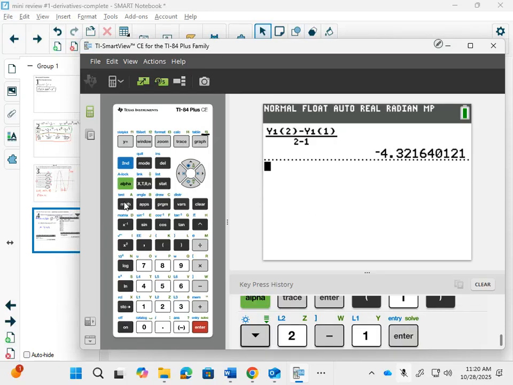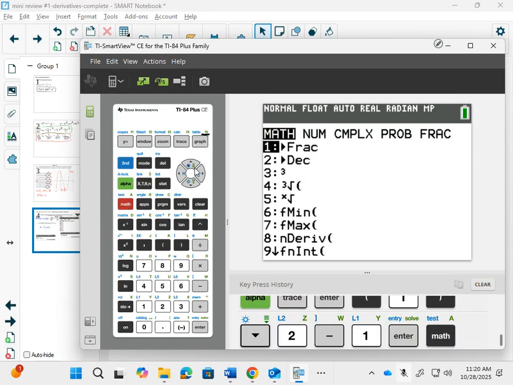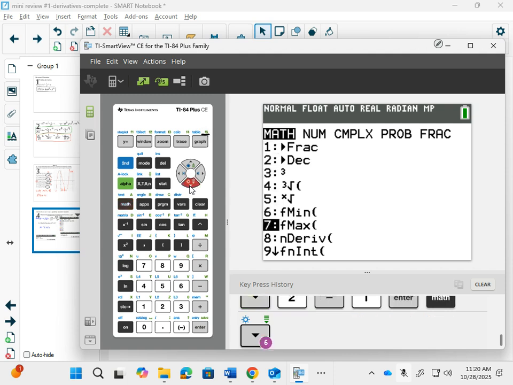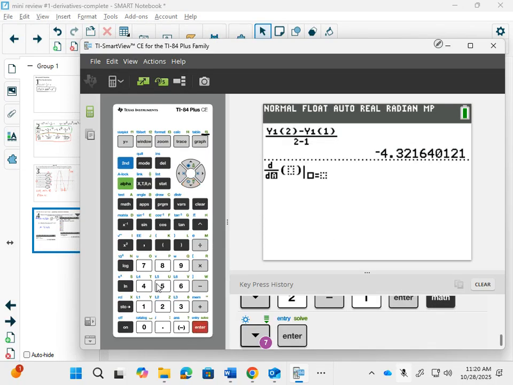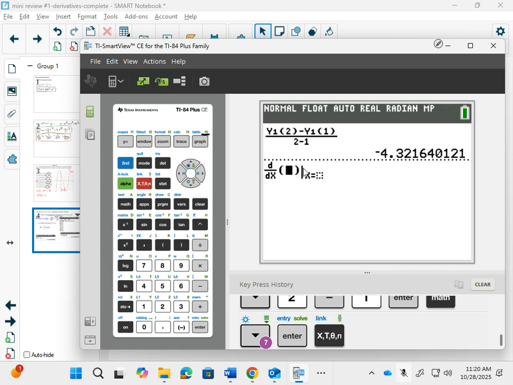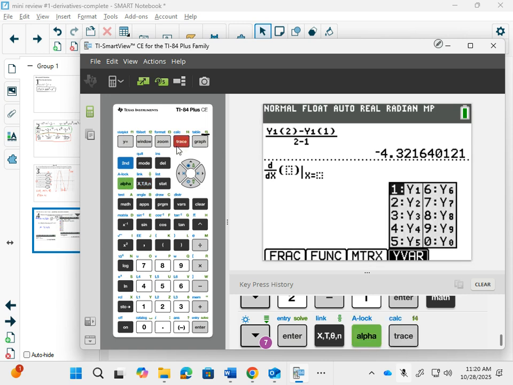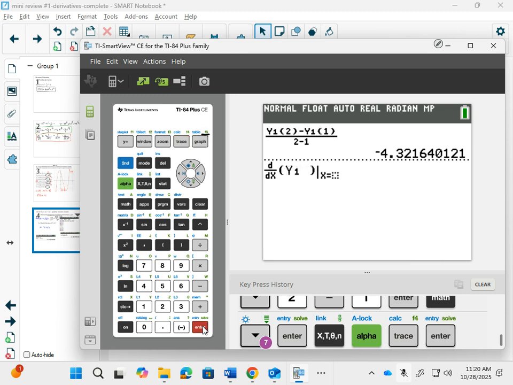If you hit the math button, we've got a derivative button right here. And if I push on that derivative button, it says, what variable are you using? We're using x. What equation? Well, instead of retyping in the equation, we've got the equation stored as y1. I can put y1 into that.